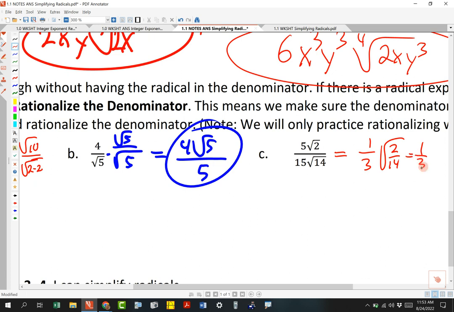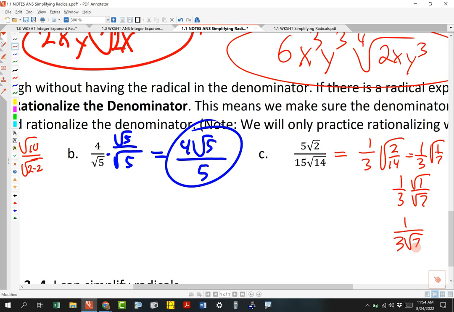In which case I have 1 over 3, and I have radical 1/7. So this would be 1/3, radical 1 over radical 7. Now, what is radical 1? What's the square root of 1? Oh, come on. 1. Okay. So does everybody agree that this is what we've got so far? I'm not done.